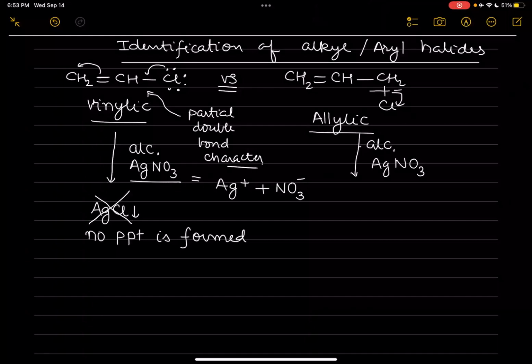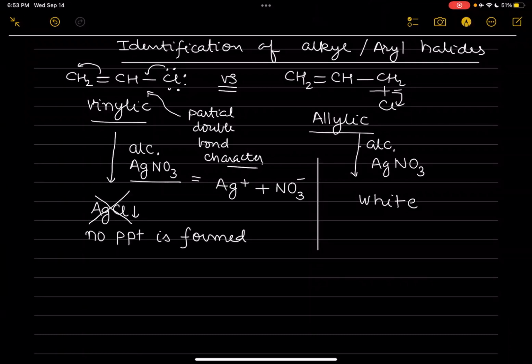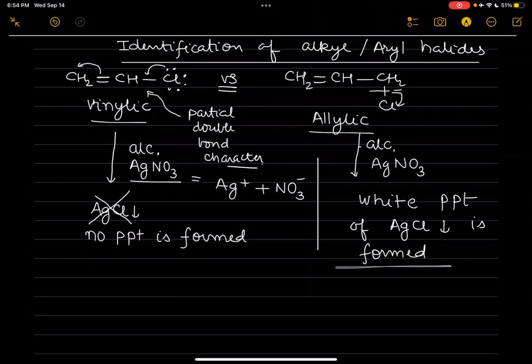So here what we will observe, Demath, is a white precipitate of AgCl. White precipitate of AgCl is formed, right?